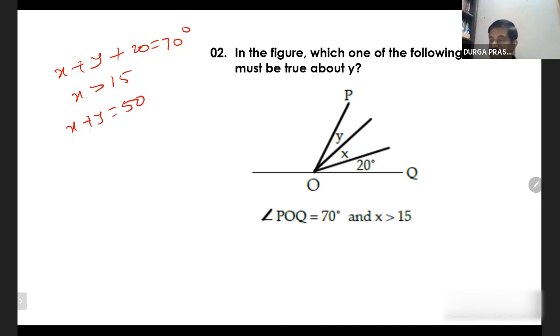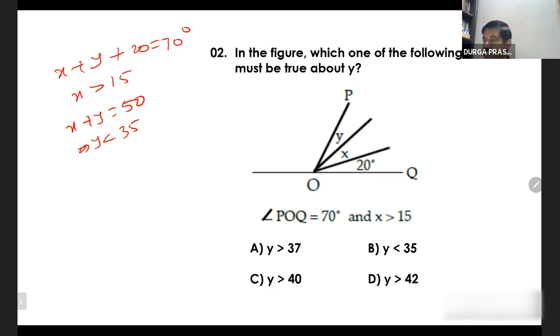So if x is greater than 15, it implies y should be less than 35. Okay. So let us see what is that. So you have option B which says y is less than 35. Okay, let us go to the next question.